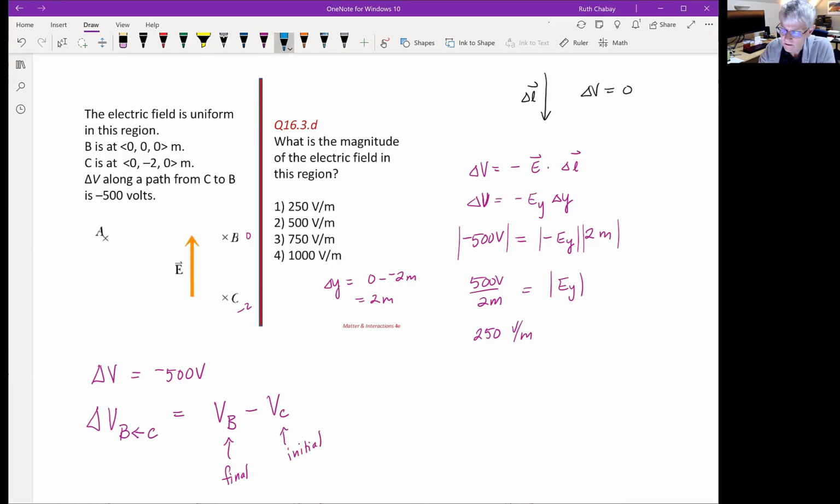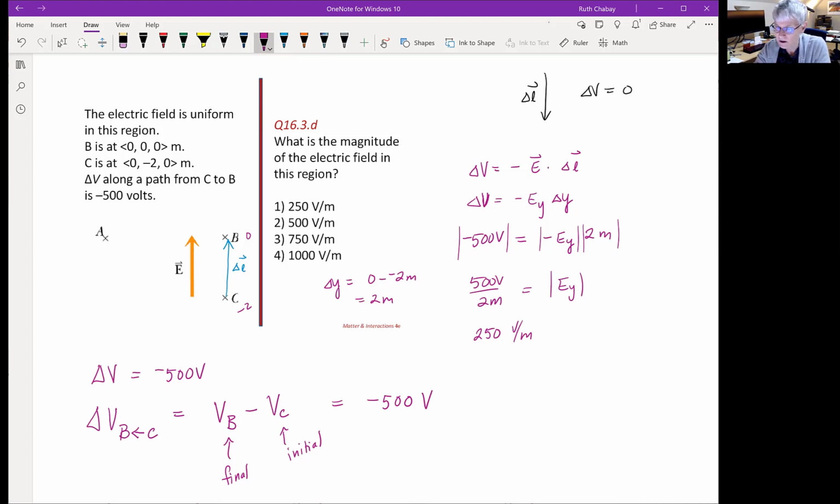So our path, and I think it's really a great idea to always draw paths on diagrams so that you don't get that wrong, that's going to be our delta L there. So this notation is equal to minus 500 volts, and that makes sense because the displacement is in the same direction as the electric field.